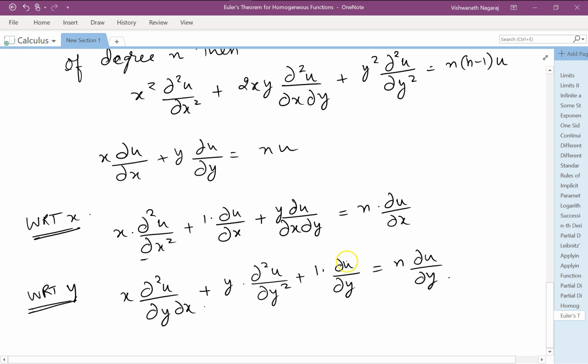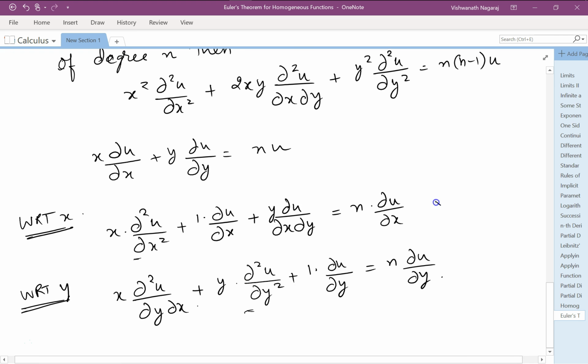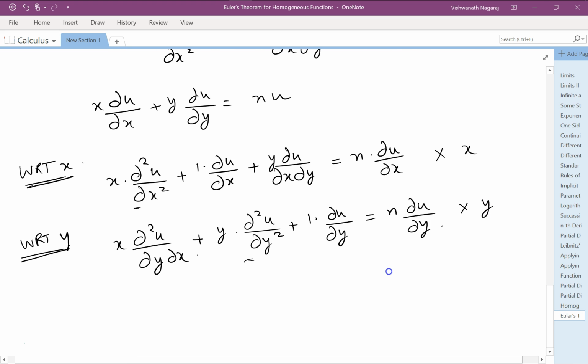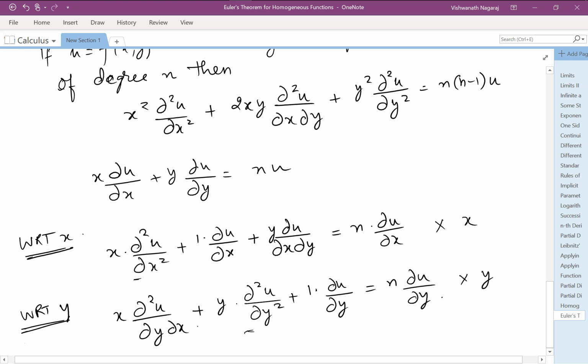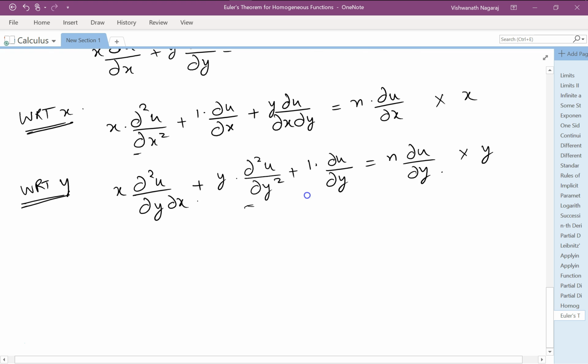Here we have ∂²u/∂y², y is there, y² is required, so we have to multiply it by y. So let's multiply this by x and this by y and see what happens. In between there is a plus, so we have to add these two.